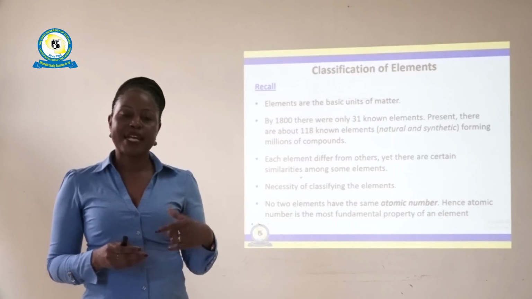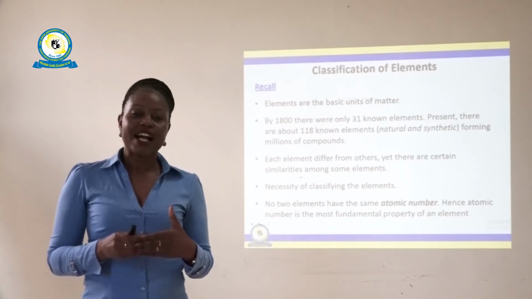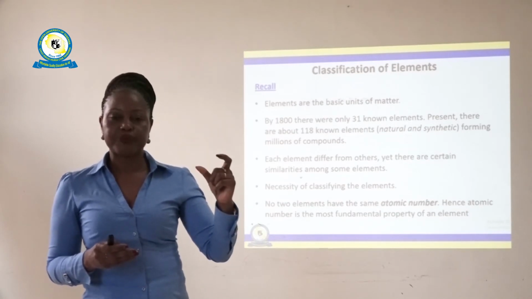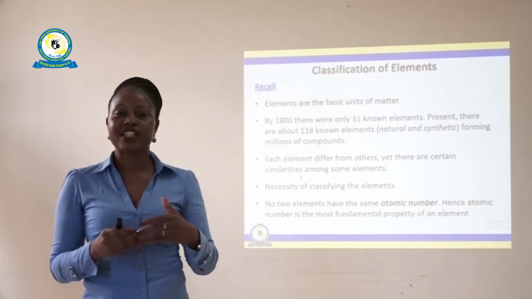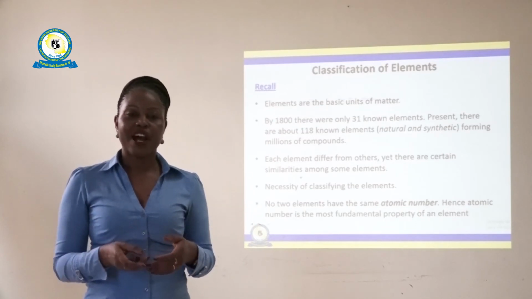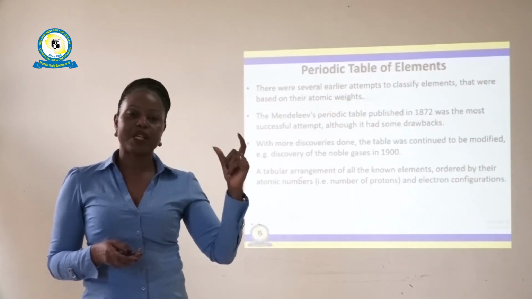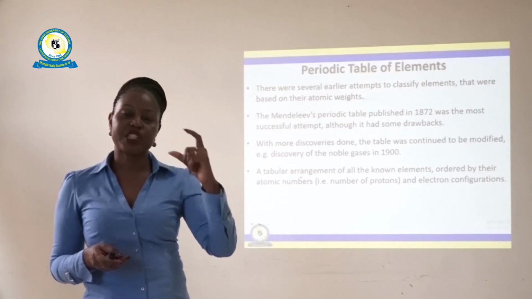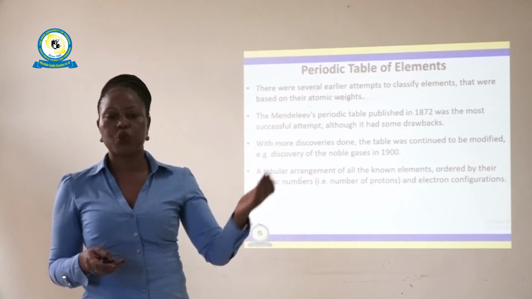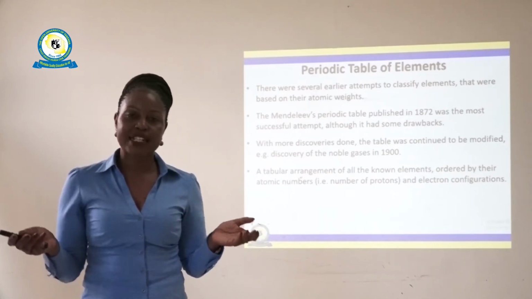And as we mentioned previously, atomic number is the most fundamental property of an element. Why? Because no two elements have the same atomic number. Now, the arrangement of these elements in the periodic table was first based on their atomic weights.